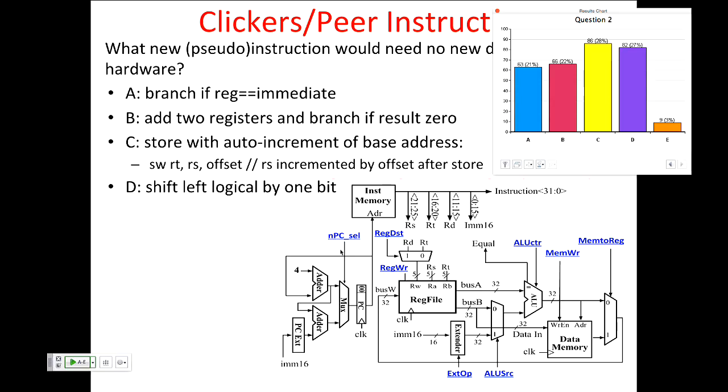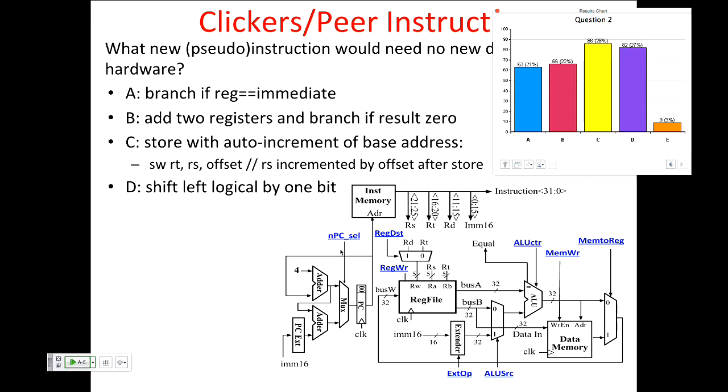So it turns out B is probably the closest thing to the right answer for this question. And I say the closest thing because I didn't really ever tell you what's inside the ALU. You don't know if the ALU is capable of doing this comparison. If whatever's inside the ALU can do this comparison, then sure, I can do that. I don't need to do anything.